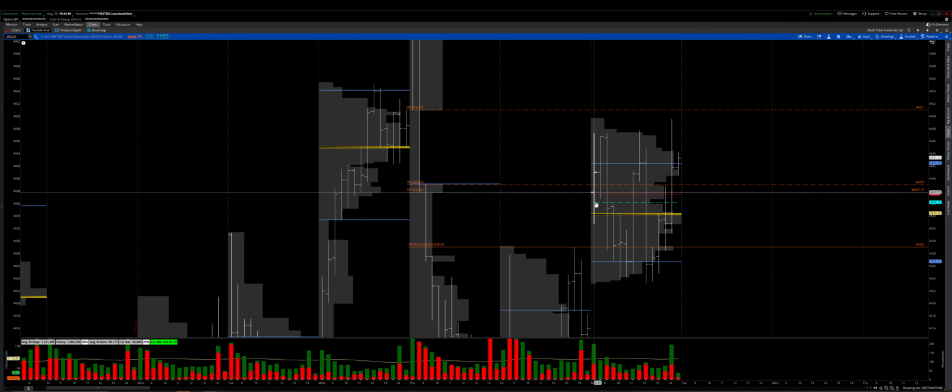So we opened up with the gap, pushed up, came down, filled the gap, right?